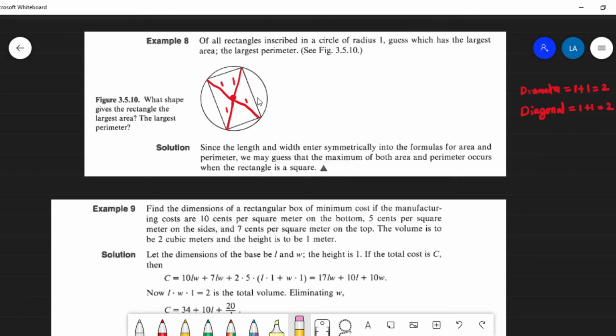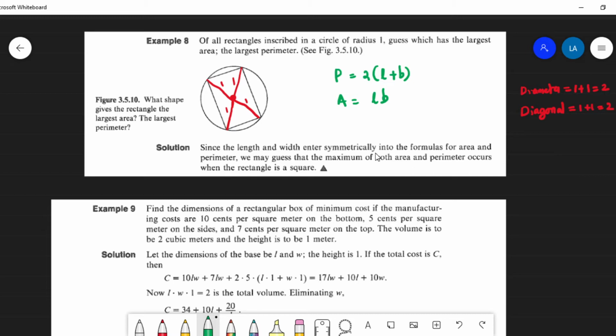In the solution, we are told that length and width will enter symmetrically into the formulas for area and perimeter. The perimeter of a rectangle is equal to 2 into length plus breadth, and the area is equal to length into breadth.